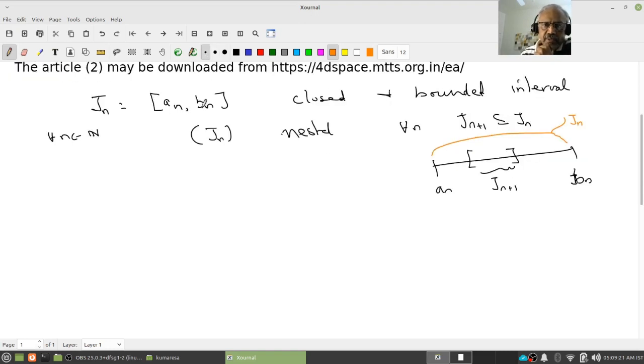This is good enough for us to conclude what the theorem says. Then the intersection of the Jn is not empty. What does it mean? There exists a real number x in R so that x belongs to Jn for all n.